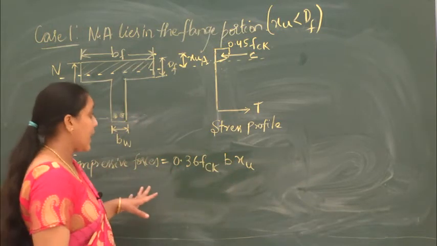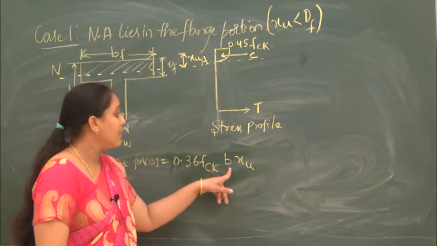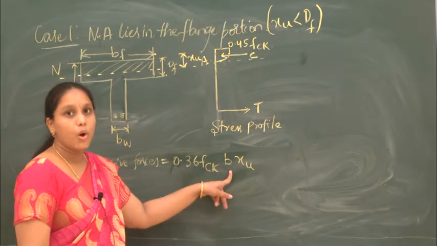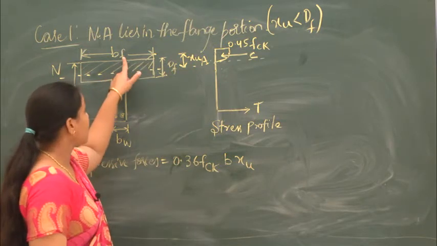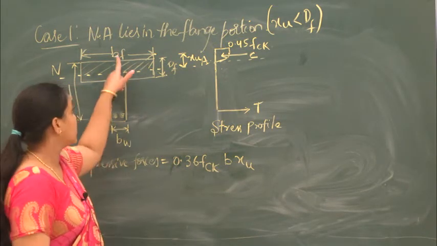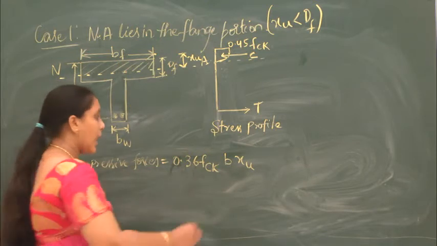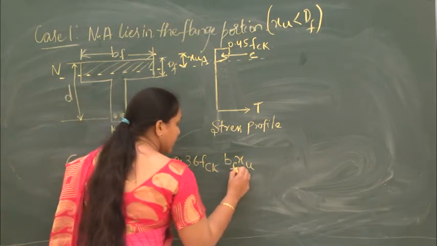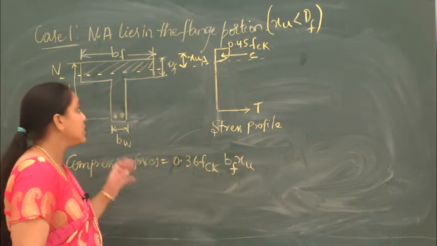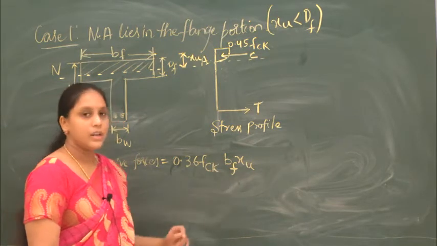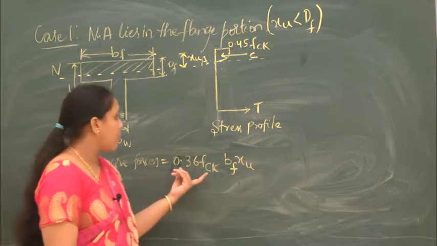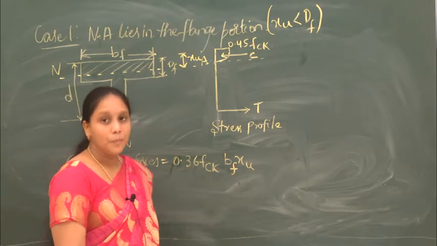But in a rectangular beam you have the breadth b, whereas here you have to consider the width of the flange. In place of b, you have to write bf, because here the width of the flange is to be considered. So the compressive force will be 0.36 fck bf into xu.